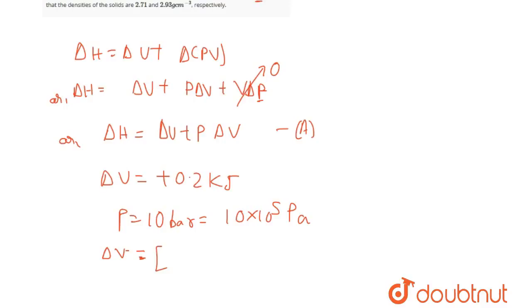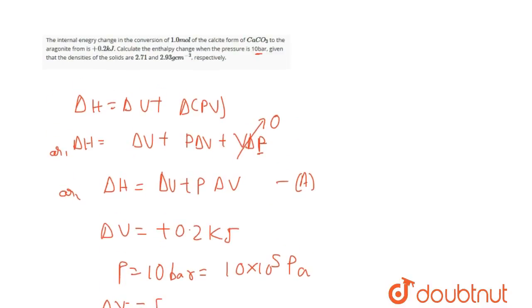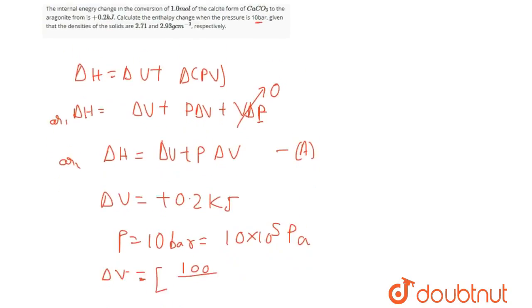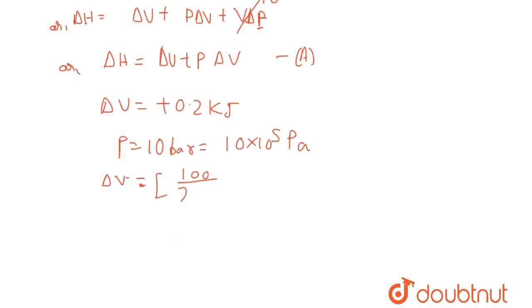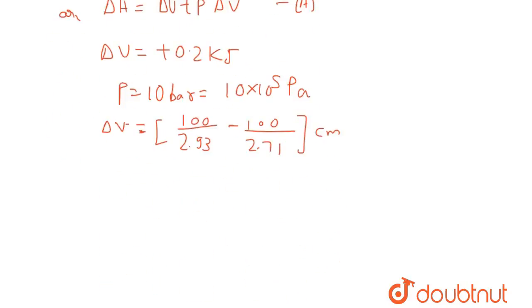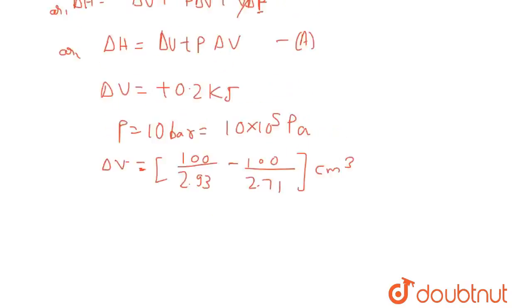So 1 mole of the calcite form of CuCO3 is given. The molecular weight of 1 mole of CuCO3 is 100 grams, divided by the density, that is 2.93, minus 100 divided by the density, that is 2.71, and this is in centimeter cube.